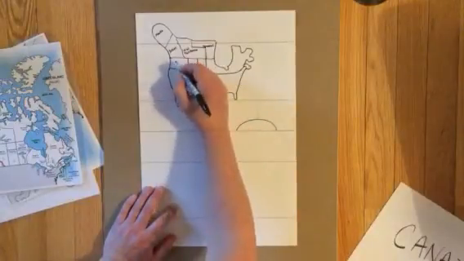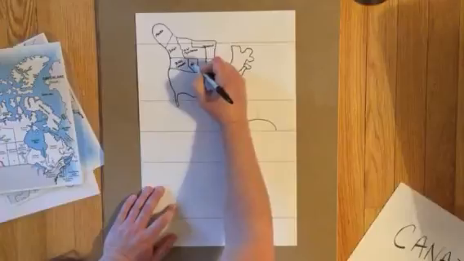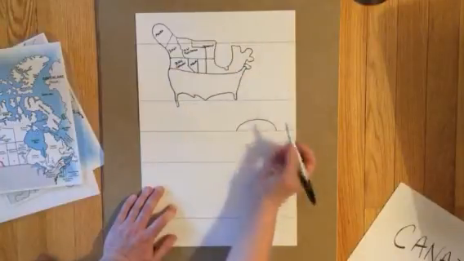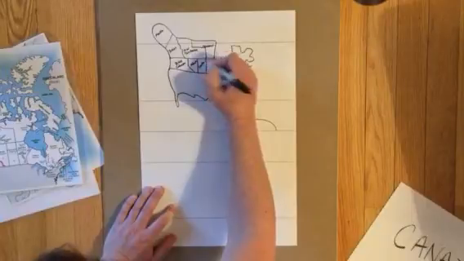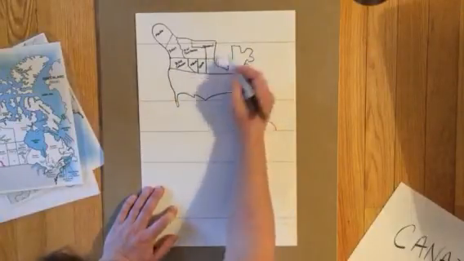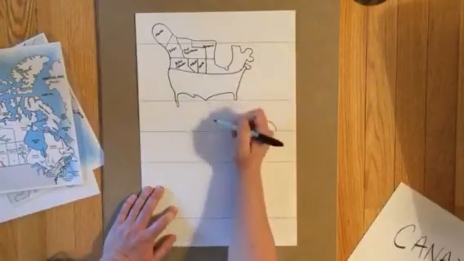So you have here, you have your British Columbia, Alberta, Saskatchewan. Okay, so now we need Manitoba and Ontario.